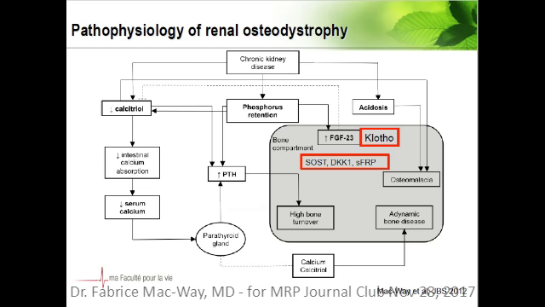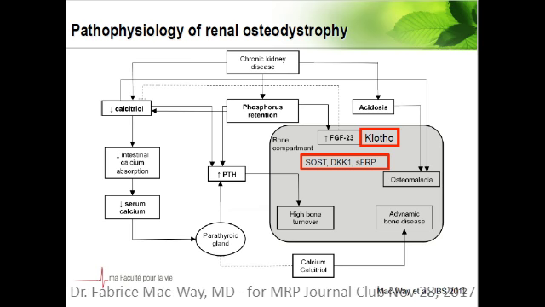Sometimes we overtreat hyperparathyroidism bone disease, and if we suppress PTH a little bit too much, then you can have what we call a low or dynamic bone disease. You have no bone formation and no bone resorption.